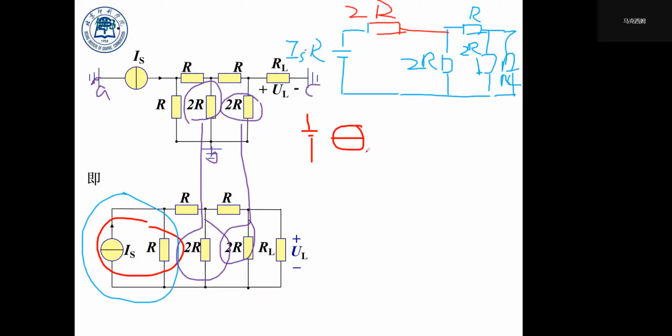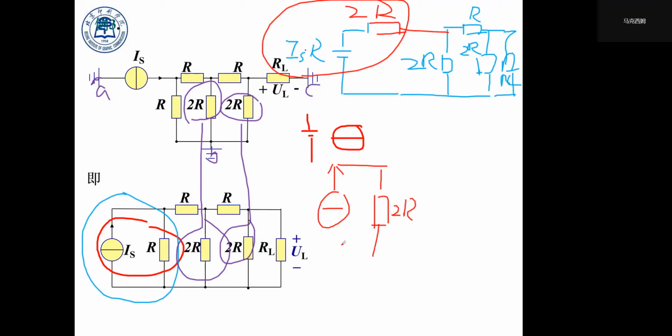So then we could do this process in reverse. We transform this series-connected voltage source and resistor back to a current source with 2R, right?